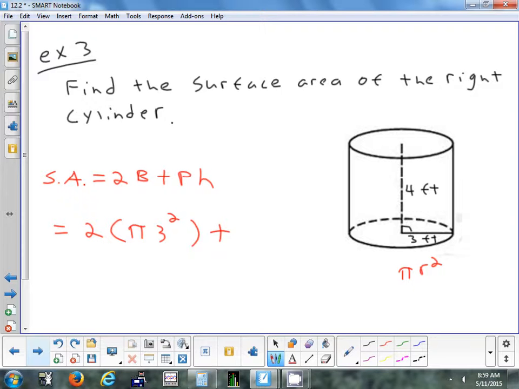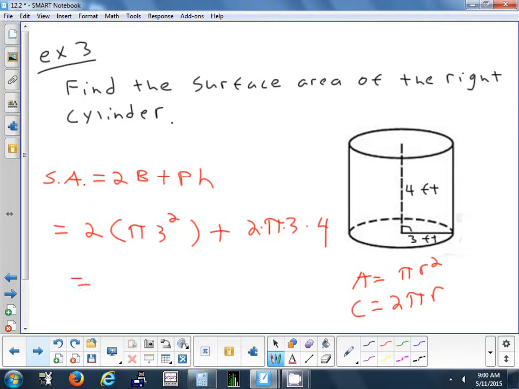Yep, just 2 pi r. So this is your area, and this is your circumference. Circumference is 2 pi r. In this case, our radius is 3, so 2 times pi times 3. And she also gave me the last part. We're going to multiply by the height, which is 4 feet.